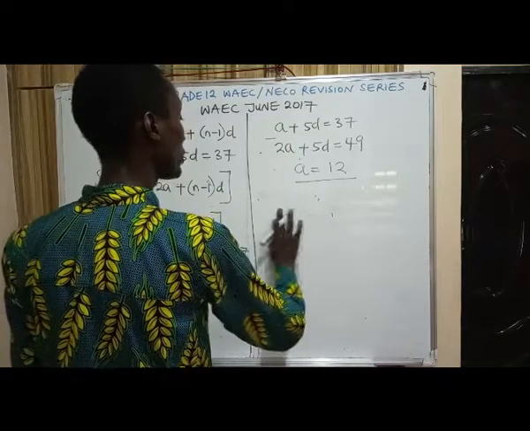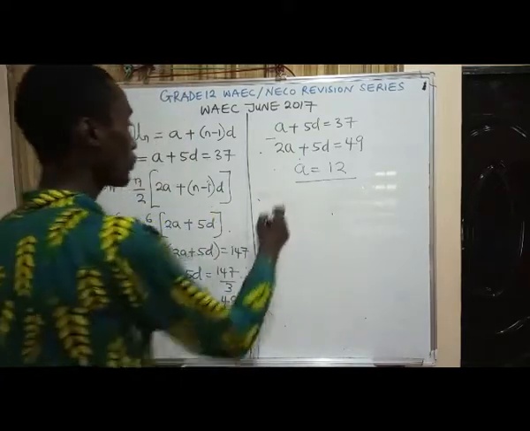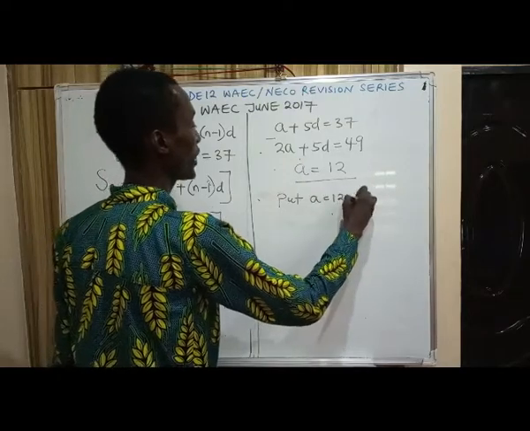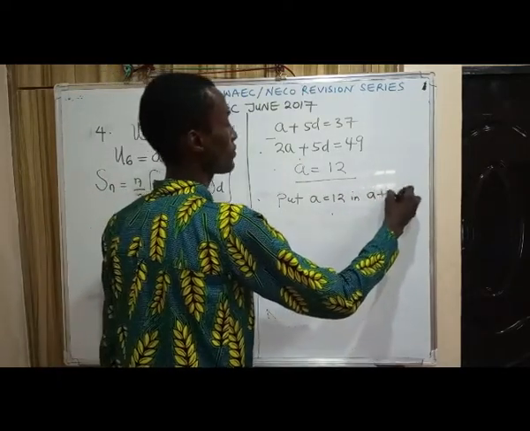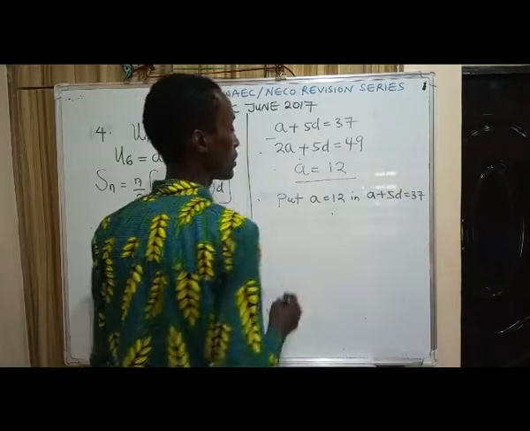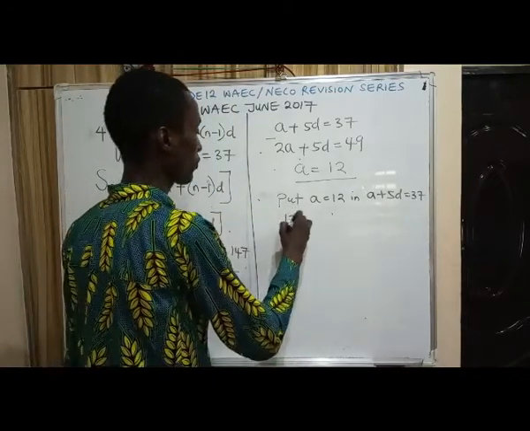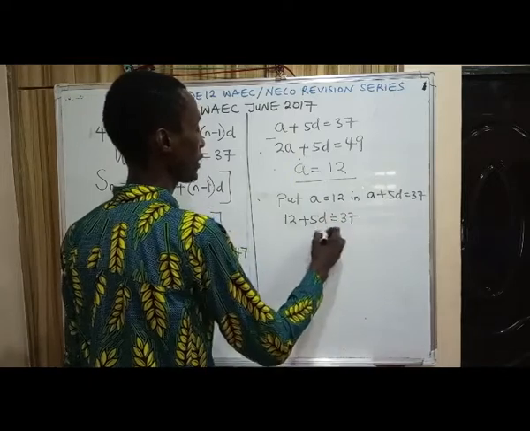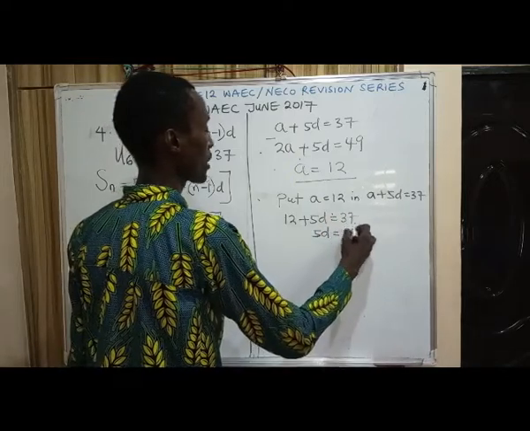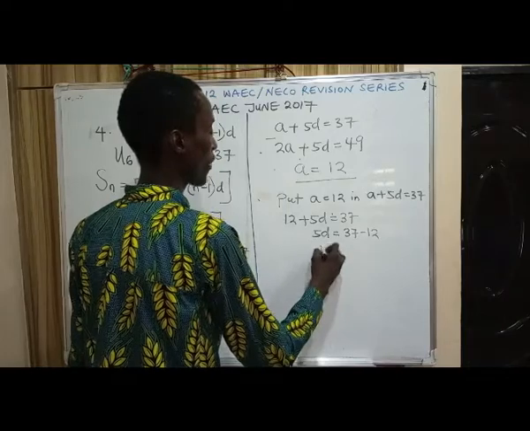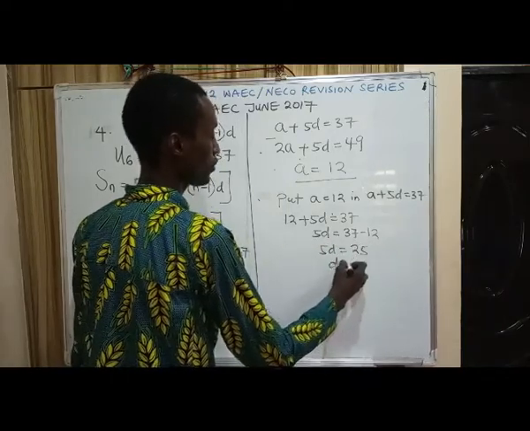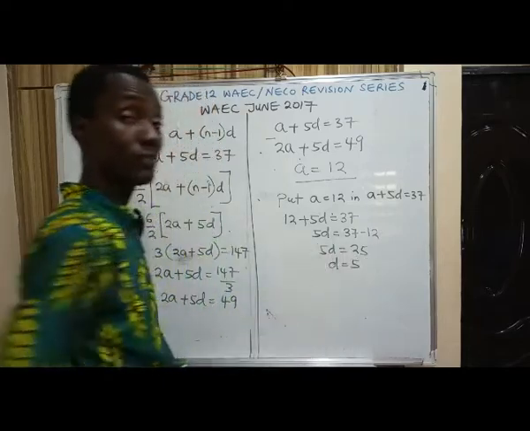If we don't obtain our common difference, that will be a problem for us. So I will put a equal to 12 in a plus 5d equal to 37. That will be 12 plus 5d equal to 37, meaning that 5d will be equal to 37 minus 12. 5d would be equal to 25, and d will be equal to 5, dividing both sides by 5.